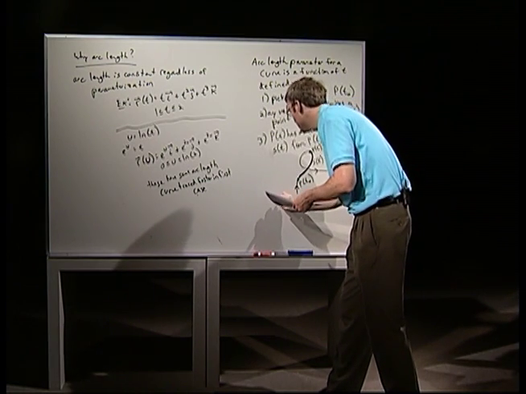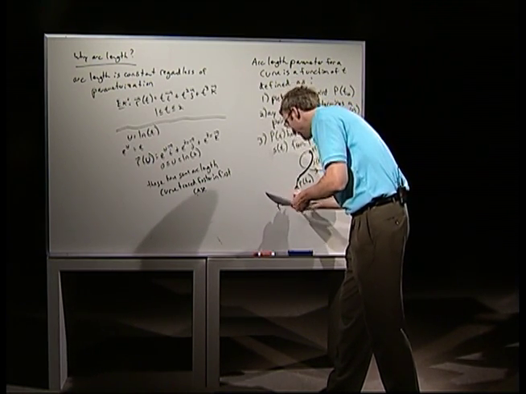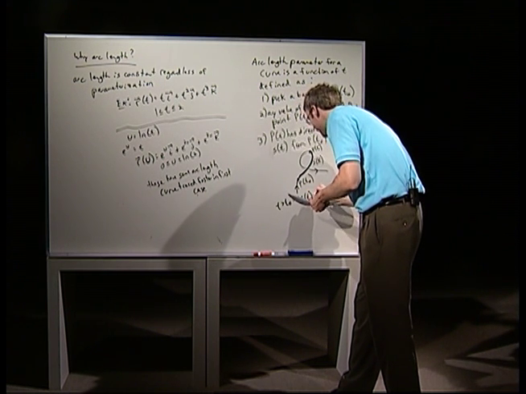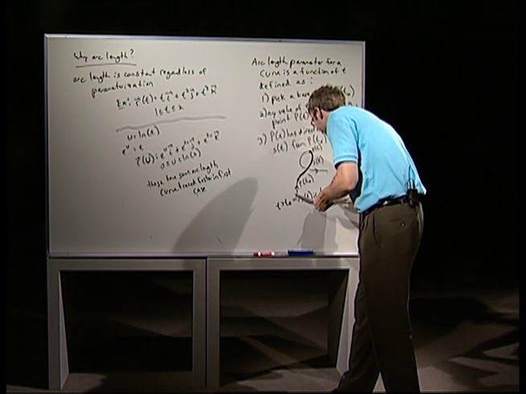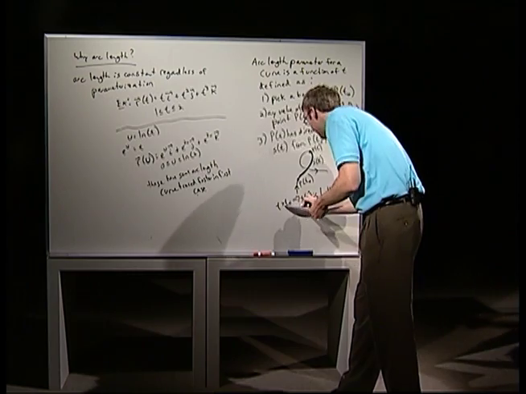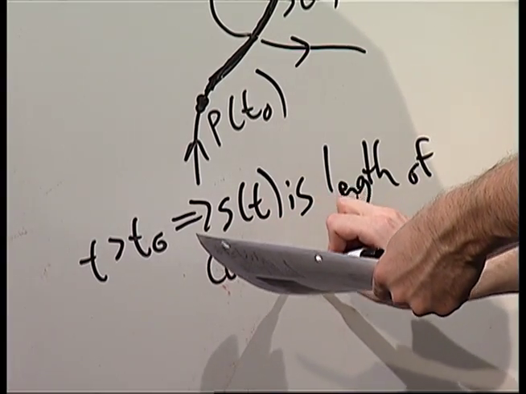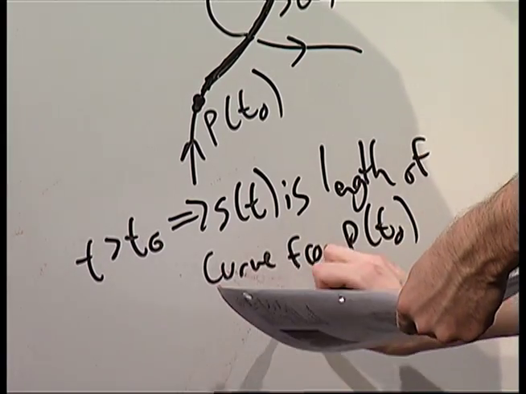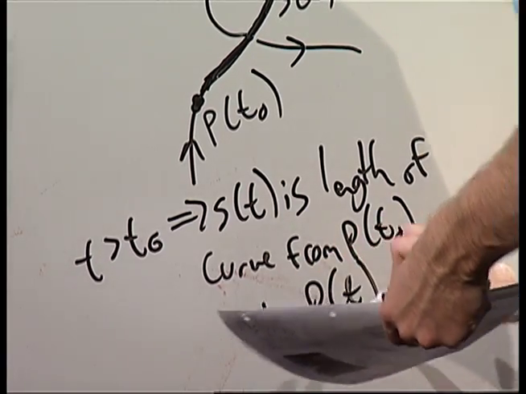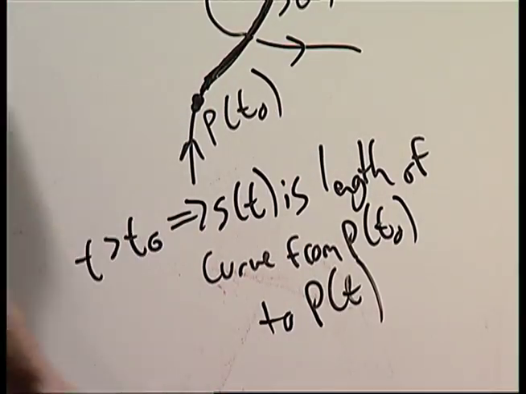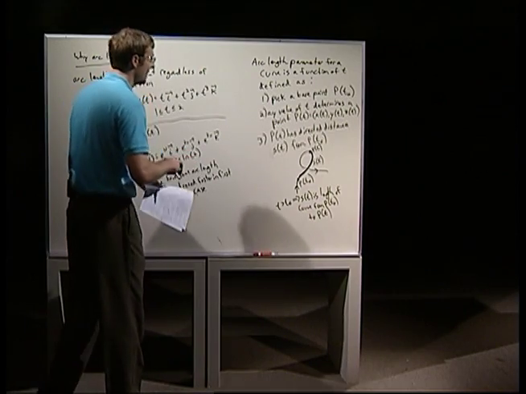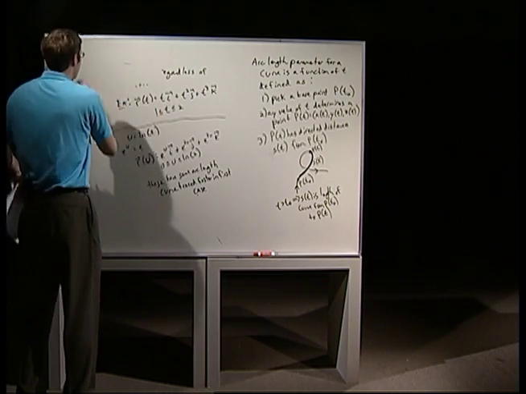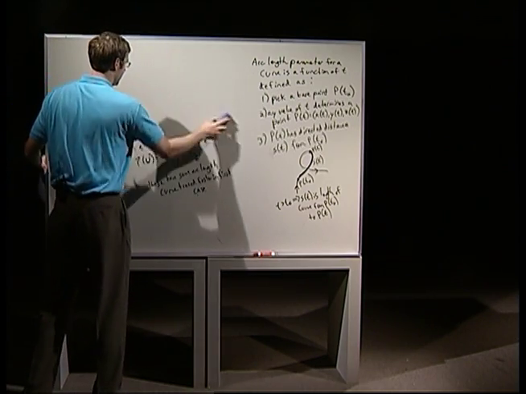So 2 cases here. If t is greater than t0, s of t literally is the length of the curve from p of t0 to p of t. In other words, if you're carrying along in the direction of the curve's orientation, the direction of the arrows, s of t is the length.